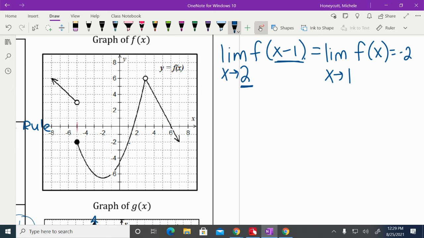So we'll do another one. We might have to estimate here. The limit as x approaches 5 of f of x plus 2.